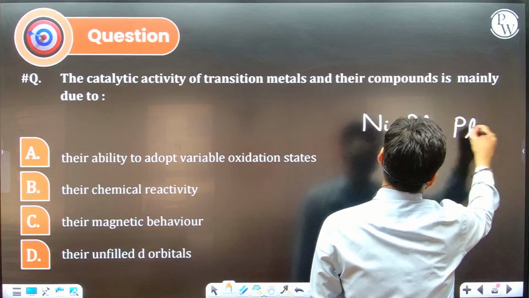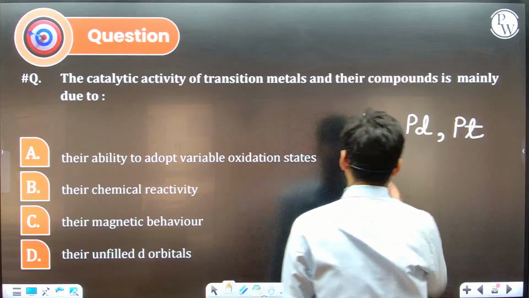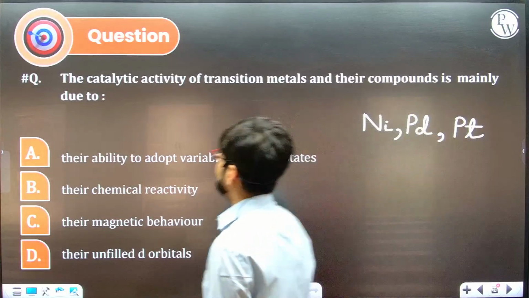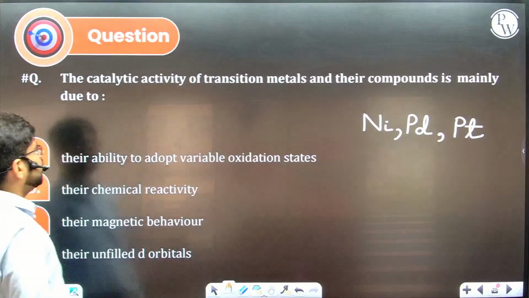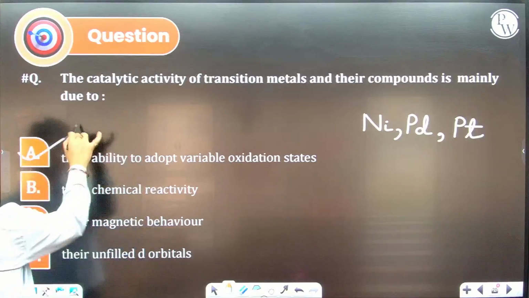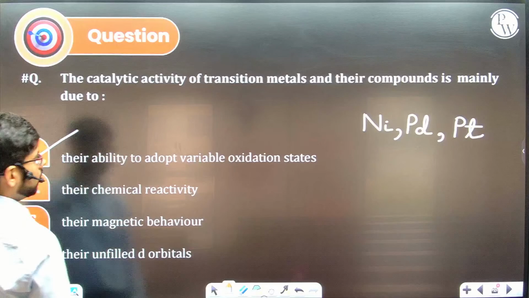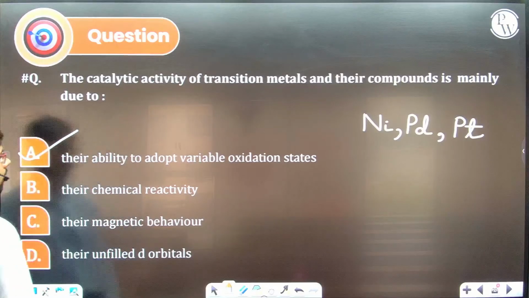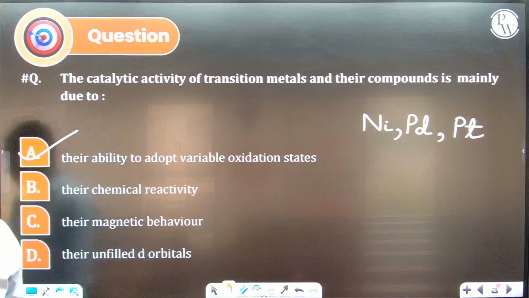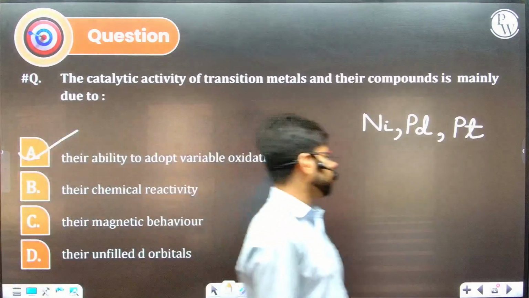These are common catalysts used in organic reactions. So we are very familiar with these three elements. So the main reason is A, their ability to adopt variable oxidation states. Okay, let's move to the next question.